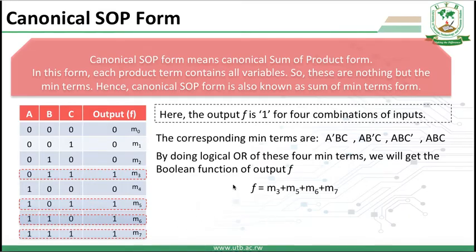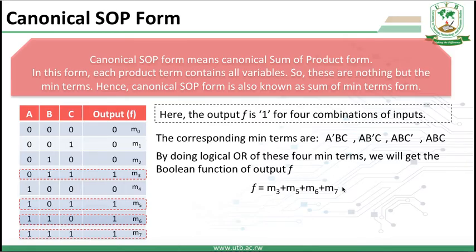So we just pick the min terms of this truth table: m3 is 1, m5 is 1, as you can see here. These are min terms, plus m6 and plus m7.